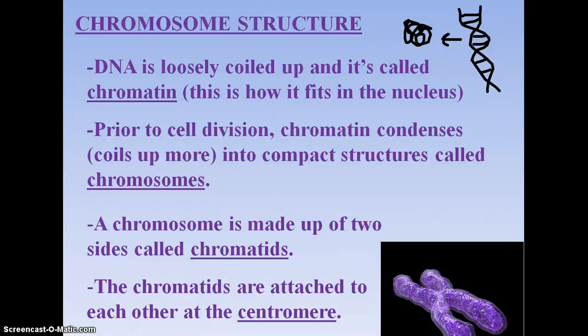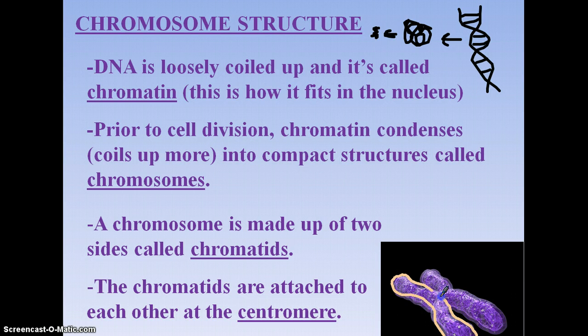Now that chromatin will coil up even more, squish up even more, to make a really tightly coiled strand called a chromosome. And you guys picture chromosomes more like this X here down at the bottom. But this is kind of the logic of what those different structures represent. Now, a chromosome is made up of 2 sides of identical DNA.